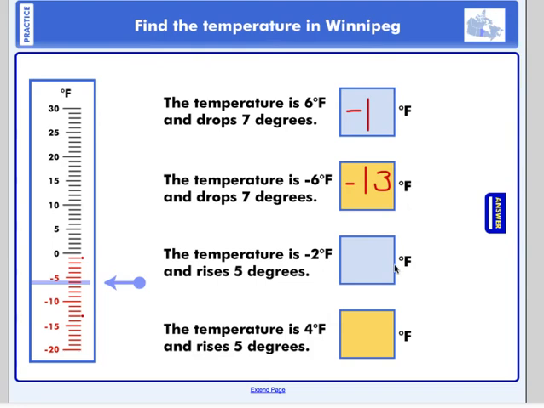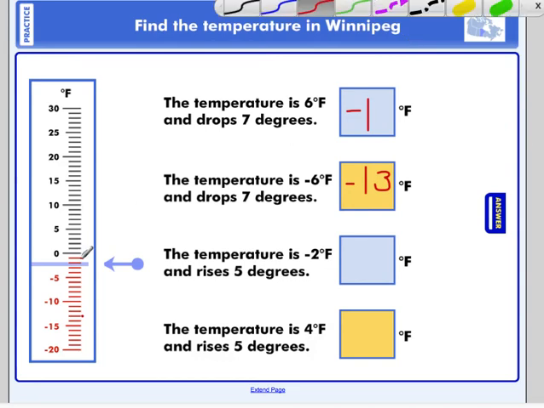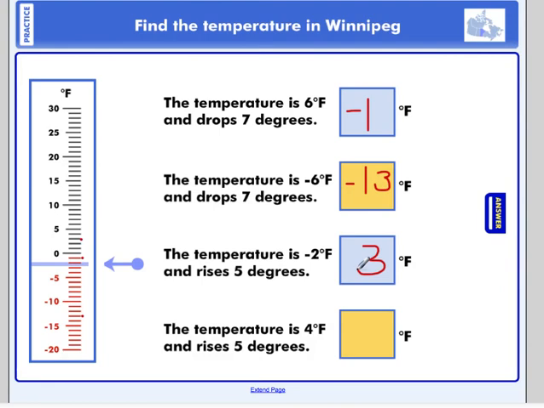Okay, you should have solved these last two problems. Let's check. The temperature is negative 2 degrees Fahrenheit. I'm going to start right there. And rises 5 degrees. 1, 2, 3, 4, 5. Looks like we should be at 3 degrees Fahrenheit.